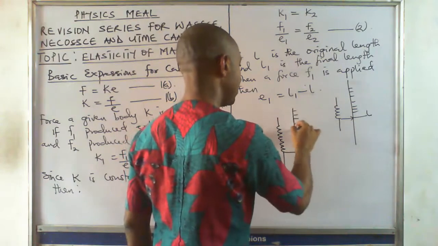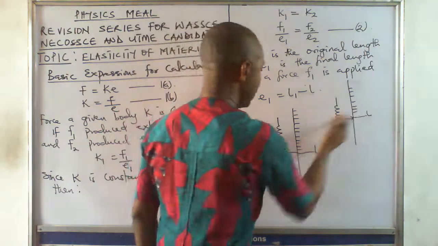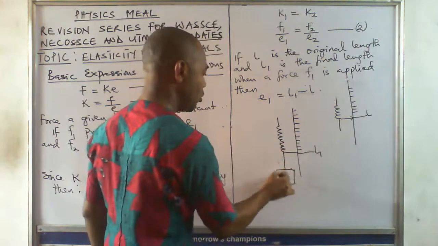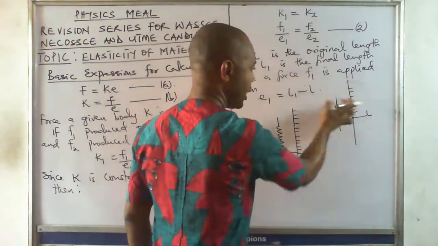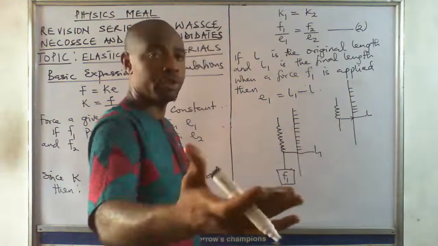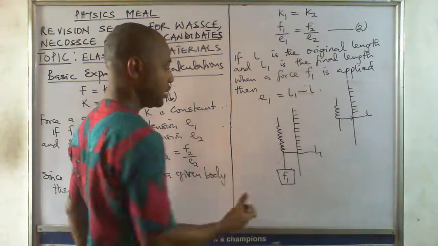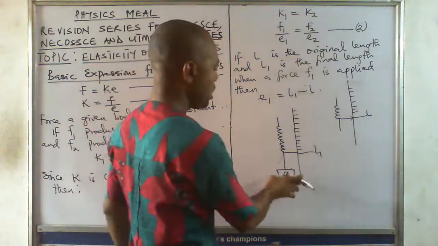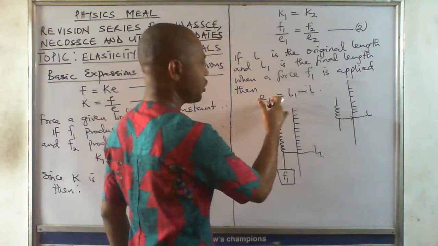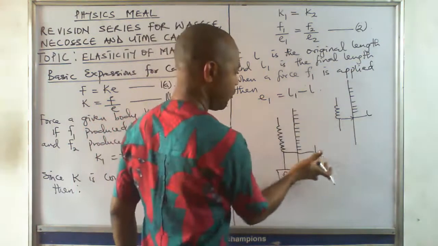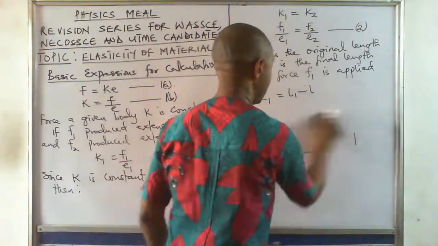We have another meter reading that gave us L1. We will see a practical session of this in our next class to illustrate it in reality. So when you apply a load, this will extend to a new length L1, and the extension E1 will be the final length minus the original length.